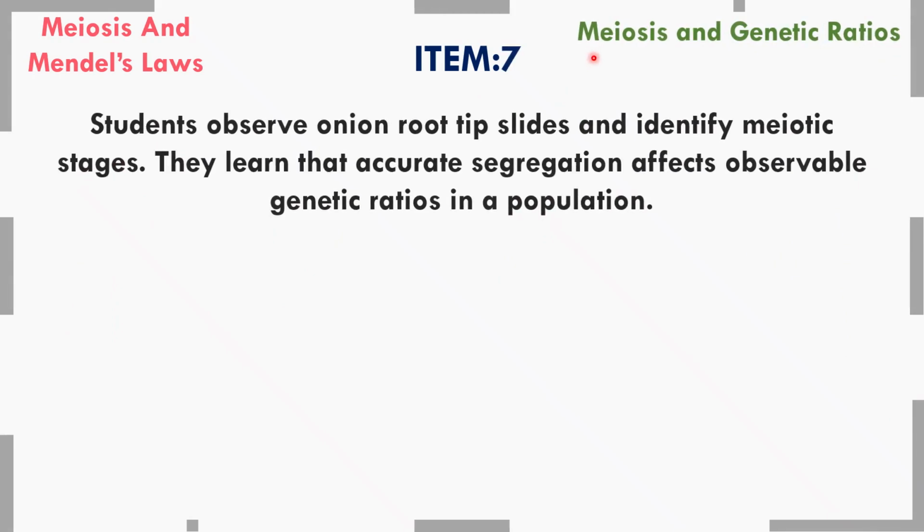Let's now look at meiosis and the genetic ratios. Item 7. Students observe onion root tip slides and identify meiotic stages. They learn that accurate segregation affects observable genetic ratios in the population.